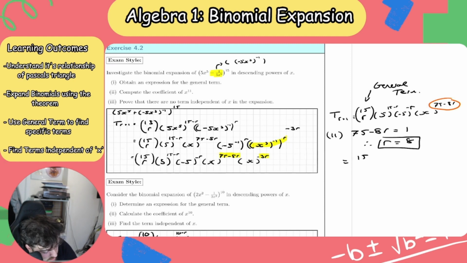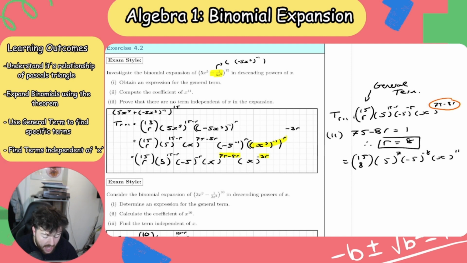And then once r is equal to 8, I can sub it into my formula. So I have 15 choose 8 times 5 to the power of 15 minus 8, which is 7, times minus 5 to the power of minus 8 times x to the power of 11. If I put the first three bits in my calculator, I have 15 choose 8 times 5 to the power of 7 times minus 5 to the power of minus 8.